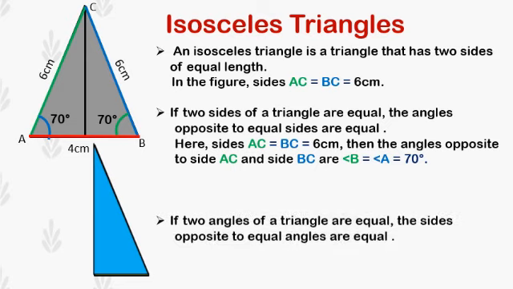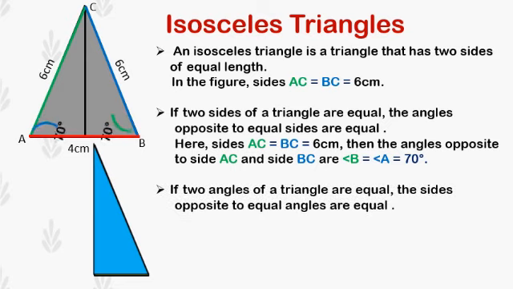That is, if two angles of a triangle are equal, the sides opposite equal angles are equal. Here, the side opposite to the angle A is side BC and the side opposite to the angle B is side AC.